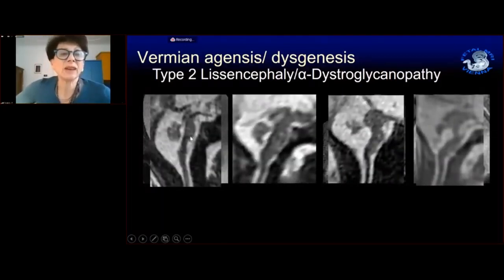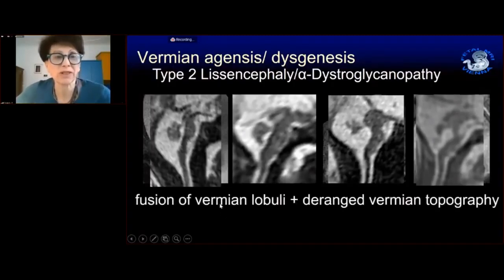What we know here is that there is a fusion of the vermian lobules, so we will not be able to delineate the lobules as we normally can in vermis that are just small, but here in these conditions they are also deranged.